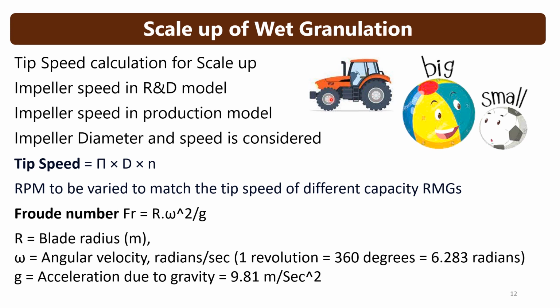The small wheel rotates very fast while the big wheel rotates slower, and this is the mechanism of tip speed and Froude number. I will make a separate video on scale up of wet granulation. In that I will cover these points in detail.